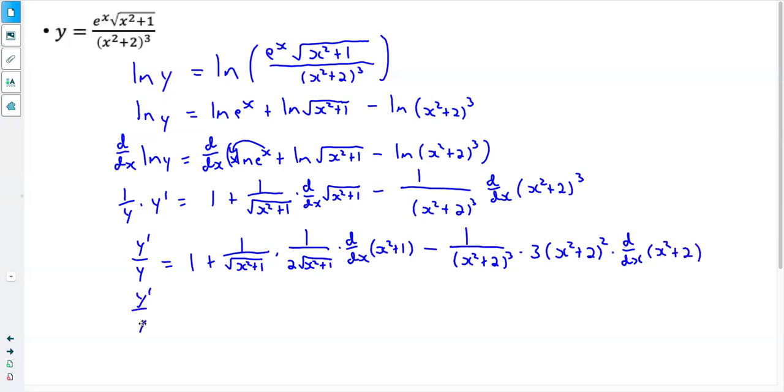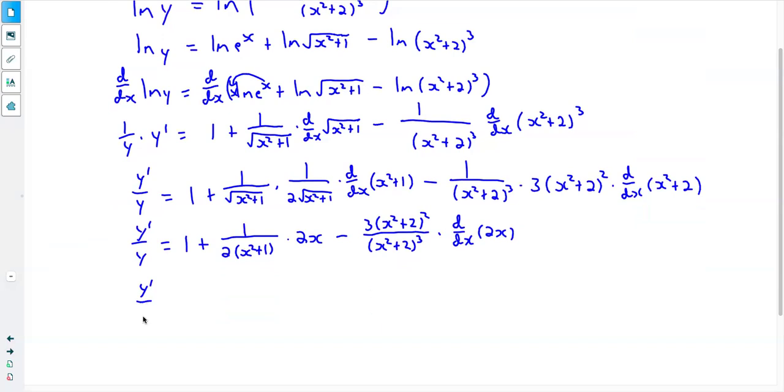So I've got y prime over y equals 1 plus 1 over 2 times the square root of x squared plus 1 times 2x, minus 3 times x squared plus 2 squared over x squared plus 2 cubed times d dx of 2x.